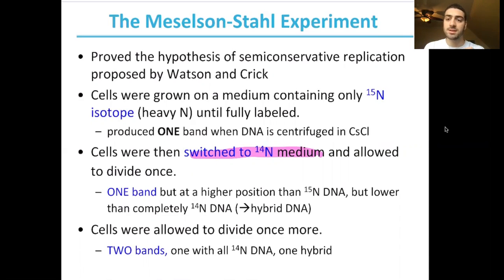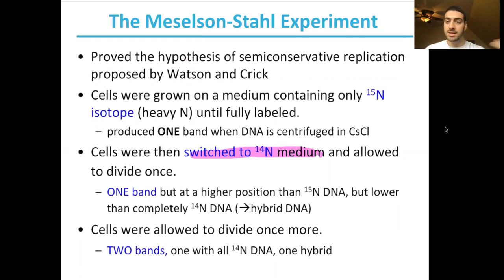So they switched the cells to this medium and allowed them to divide one time. So they allowed DNA replication only one time. And after this DNA replication, they lysed the cells, they extracted the DNA, and they centrifuged it down a test tube. And what a centrifuge does is it makes layers of this DNA depending on how heavy it is.